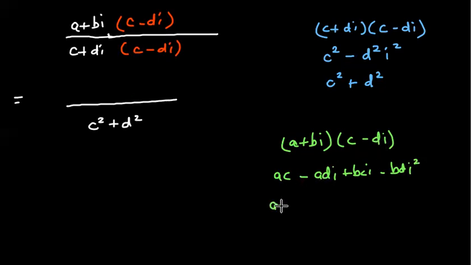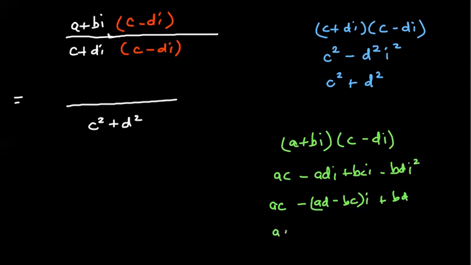So this becomes ac minus adi minus bci, and this becomes plus bd. It becomes plus bd because i squared is -1.